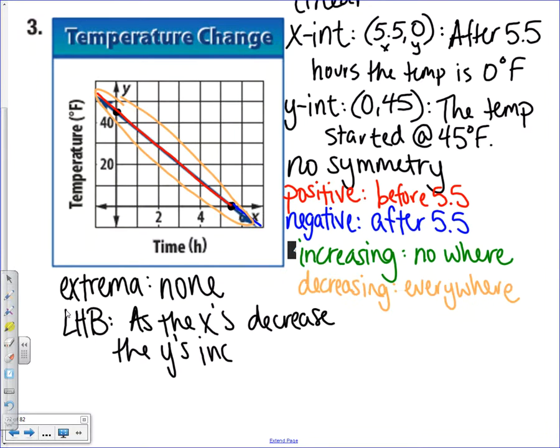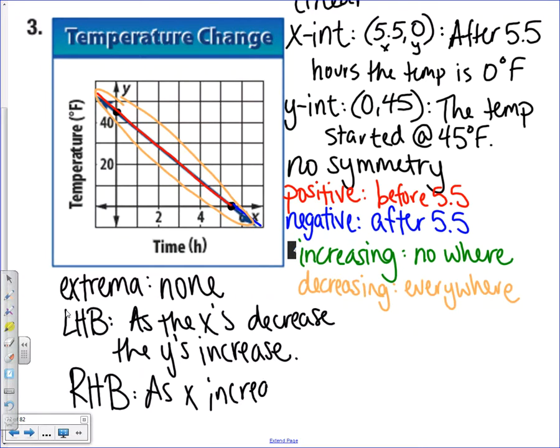The y's are increasing because that arrow is pointing up. And we just need right-hand behavior yet. What happens on the right to my x's? As x increases, y decreases. So that one wasn't too bad, was it? No.